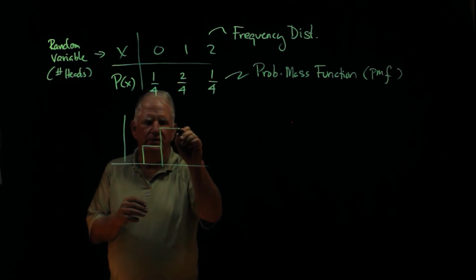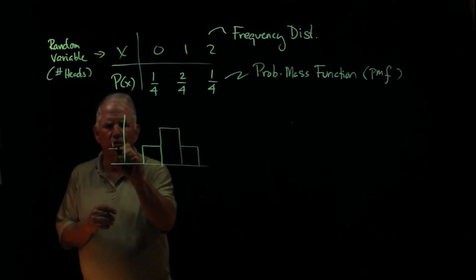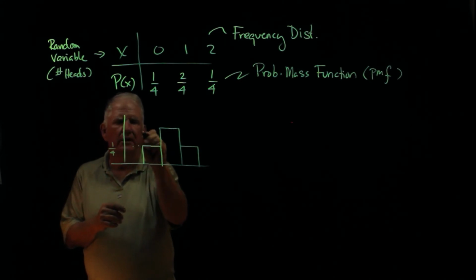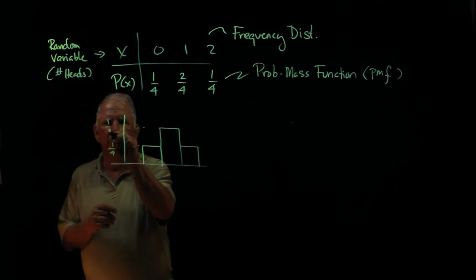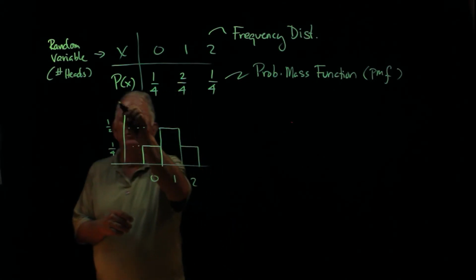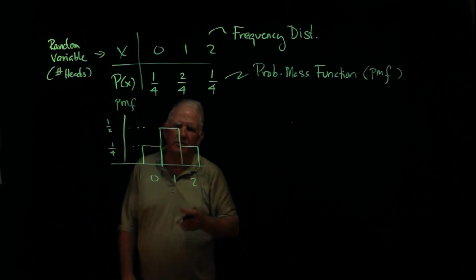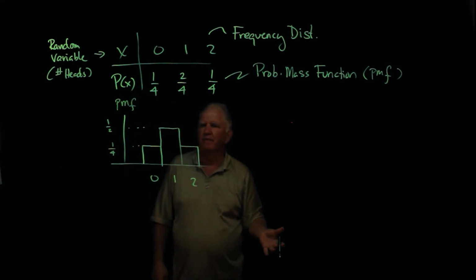It would look like this, where this is 1/4, this is 1/2, and this is 0, 1, 2. This is the PMF for this particular experiment of tossing 2 coins.